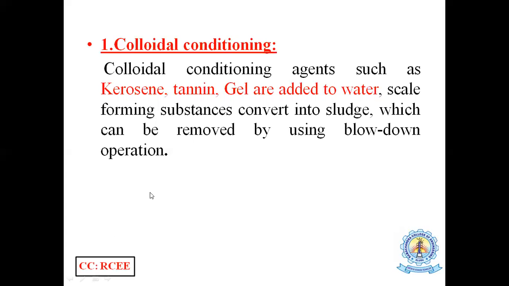So we convert the sludge into a colloidal form by using some suitable agents. You know very well, a colloid is a heterogeneous mixture. This is the first one, colloidal conditioning.